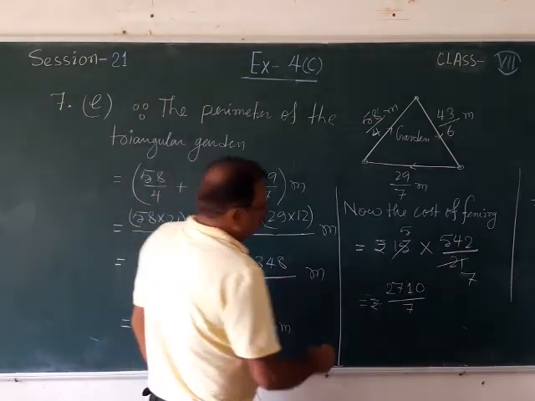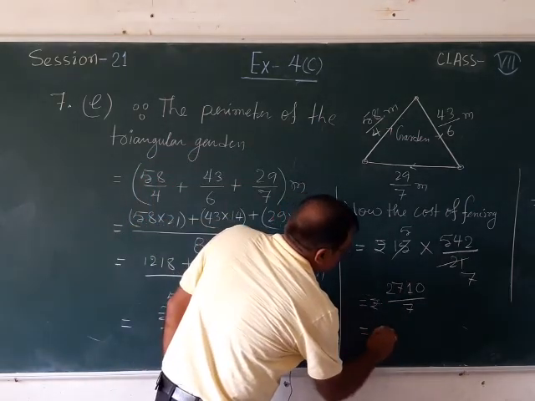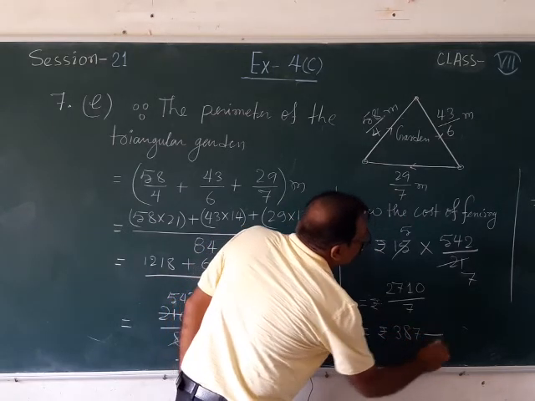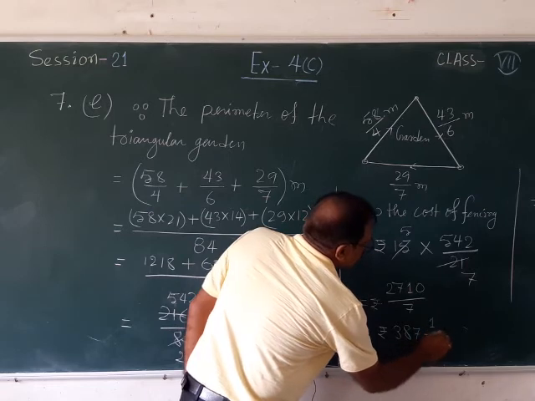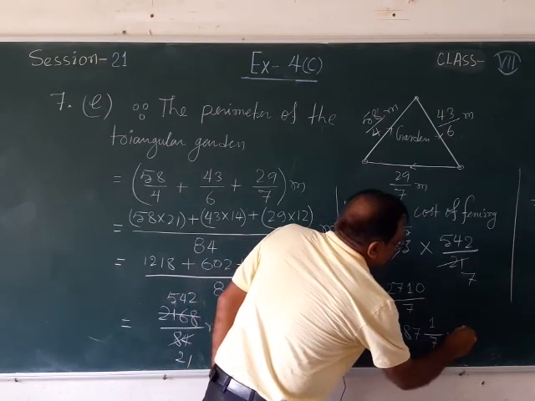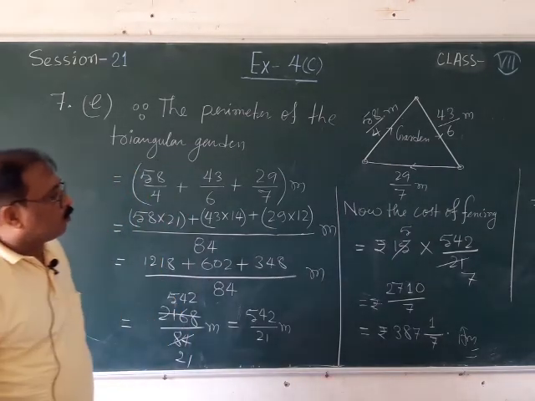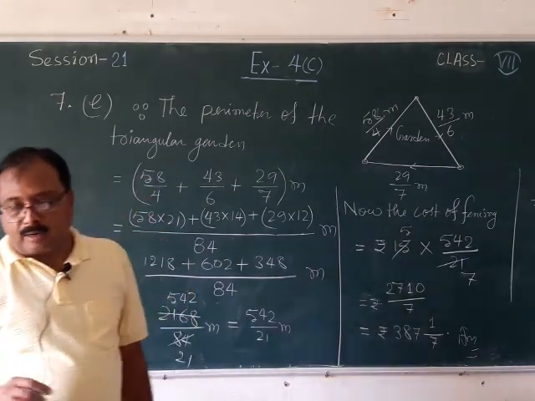So your answer will be here rupees 387 whole, and that is 1 upon 7, and this is the fencing cost. So this is the cost of fencing the triangular garden.